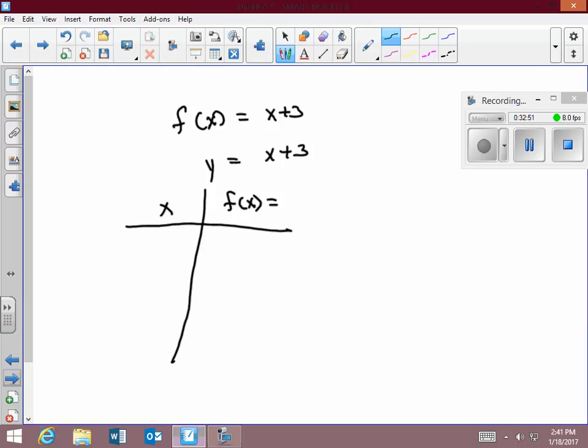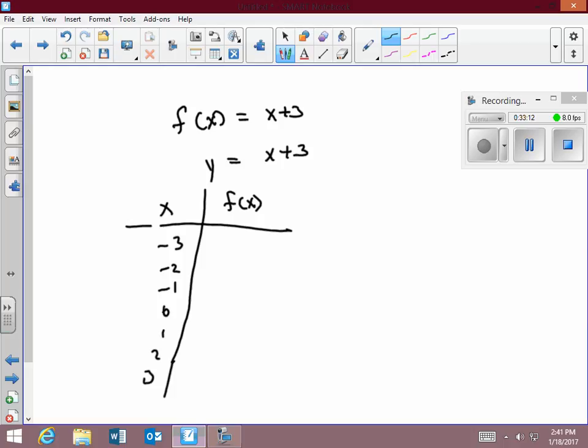Because this f of x is actually the y value, right? But this is the way you see it. And then you plug in like minus 3, minus 2, minus 1, 0, 1, 2, 3.